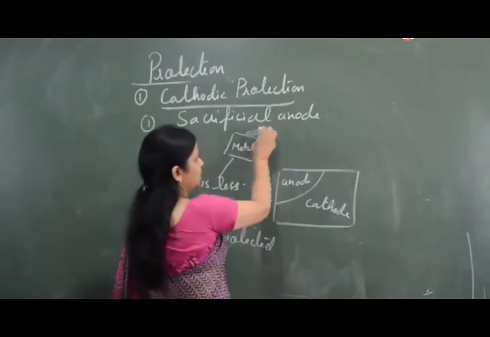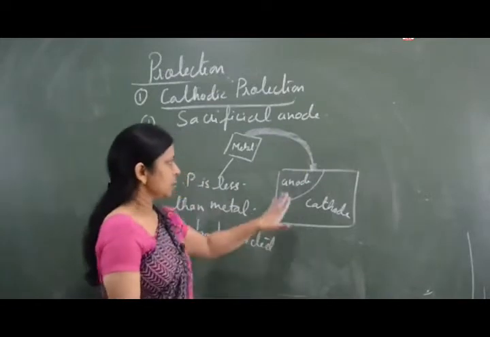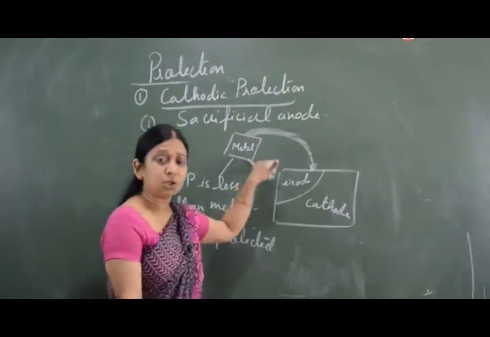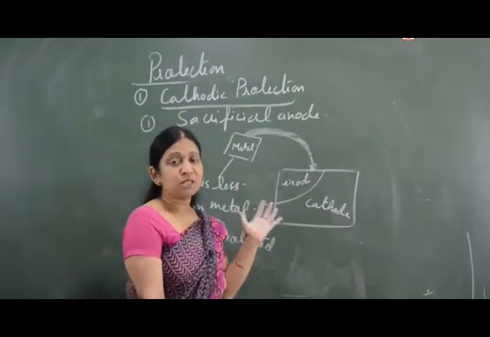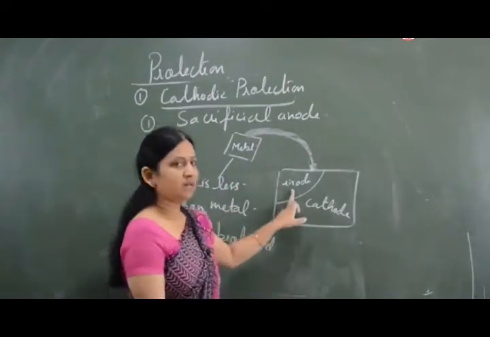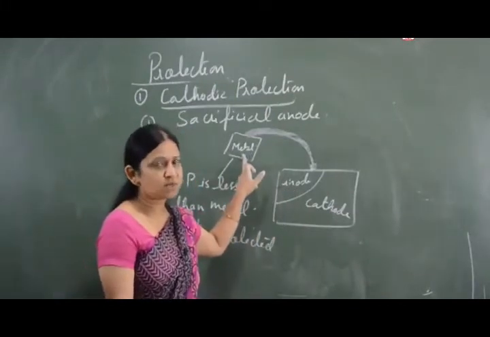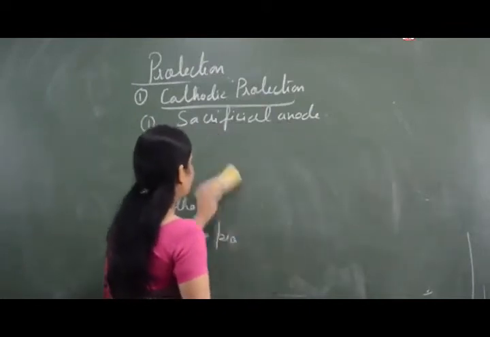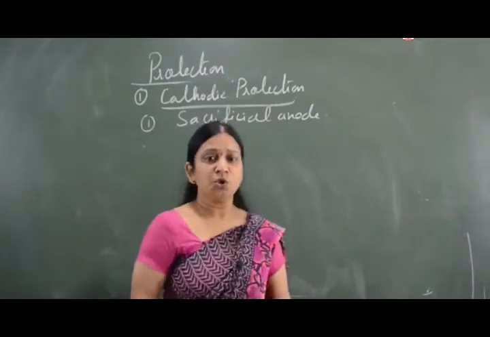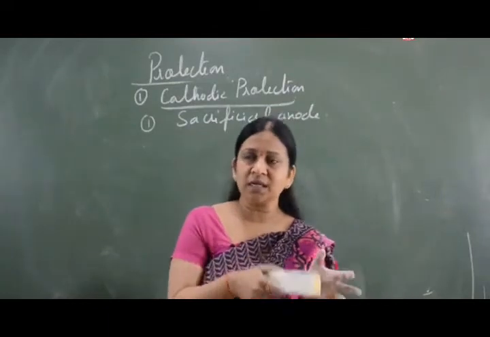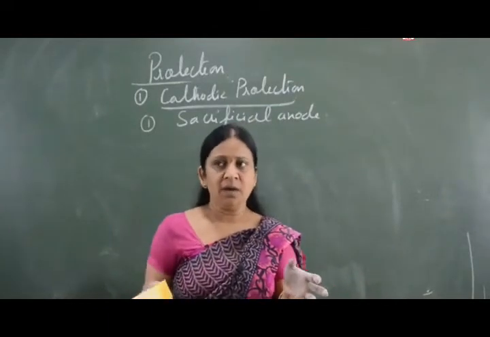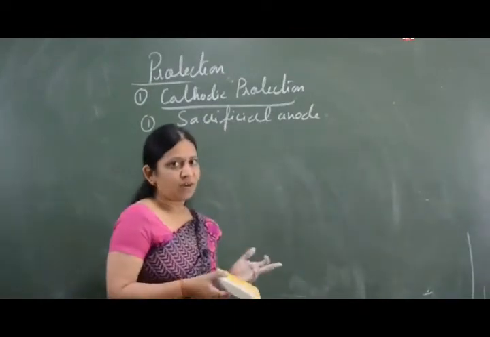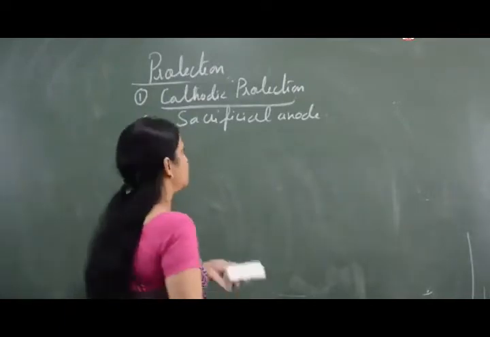If we connect this metal to this system, this portion will not behave as anode. Now this metal is going to behave as anode. So this is sacrificial. Why? Because we are protecting this metal at the cost of this metal. So this is sacrificial anodic or sacrificial cathodic protection. A metal is connected to a more anodic metal, so that more anodic metal undergoes corrosion. It is known as sacrificial because we are protecting one metal at the cost of another.